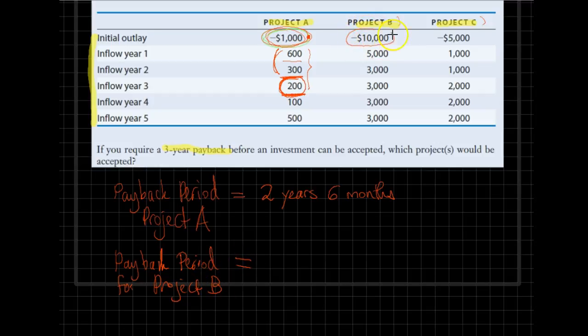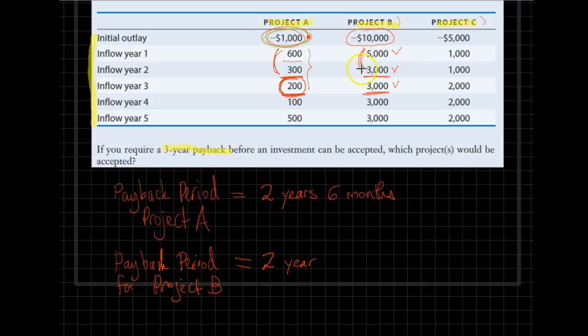Project B requires an initial investment of $10,000. 1 year is not sufficient. For 2 years in aggregate, we accumulate $8,000, still not sufficient. How about 3 years? The combined cash flows in 3 years would be $11,000, so more than sufficient. So 2 years is not sufficient, but 3 years is more than sufficient. Therefore we should say 2 years and several months.